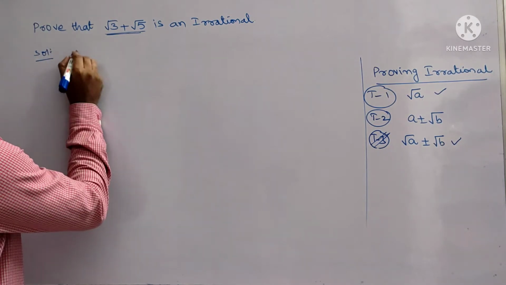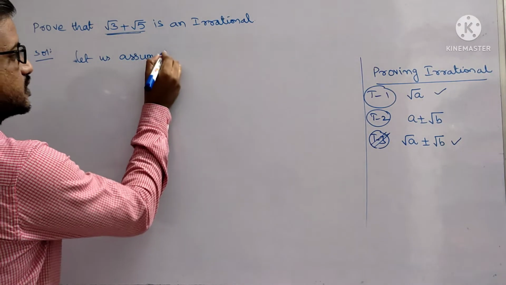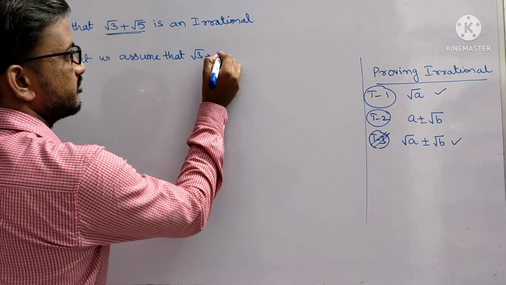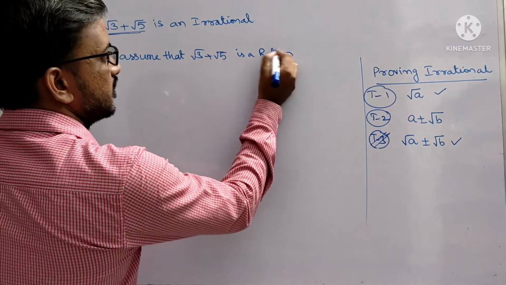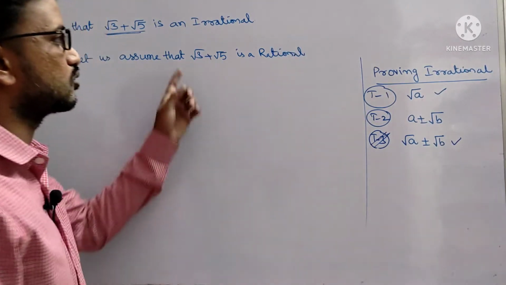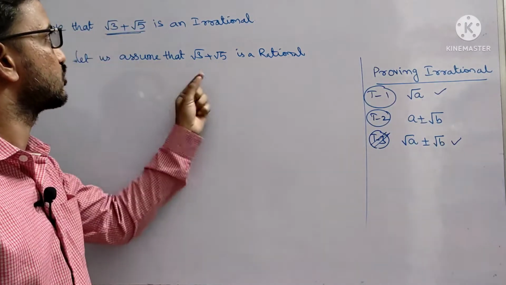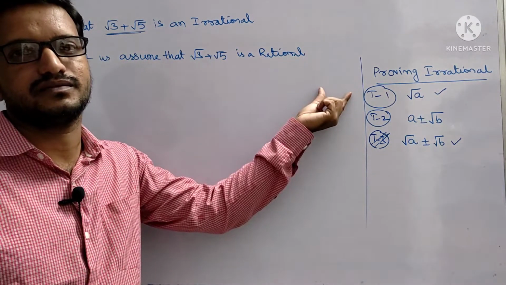So first of all, let us assume that root 3 plus root 5 is a rational. Why do we have to consider root 3 plus root 5 as a rational? Because we are unable to prove root 3 plus root 5 is an irrational directly.